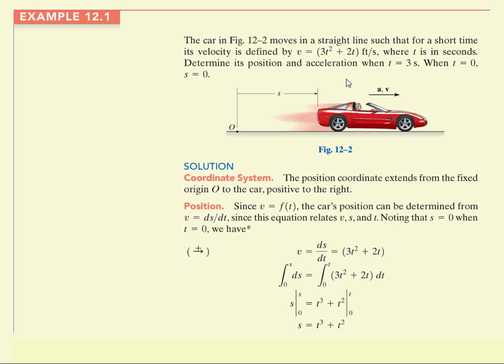And of course, since this equation relates the velocity to the position and t, and we know that s is equal to 0 when t is equal to 0, we have the equation of the velocity. The question is, knowing the equation of the velocity, can we find out the position? And the answer is yes.